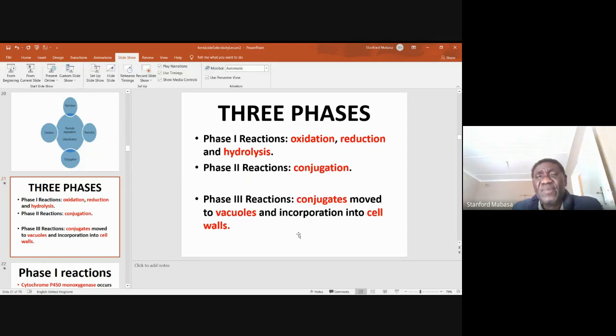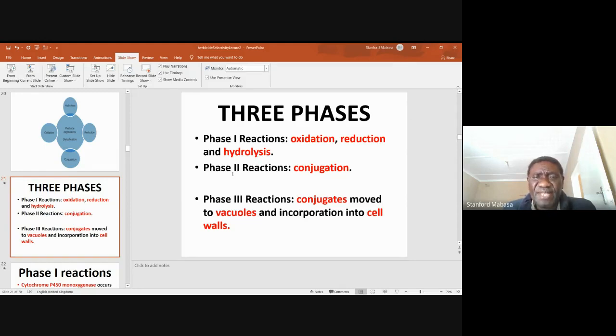So when the herbicide enters the plant system, it is subjected to 3 phases, depending on the molecular structure. In phase 1 reactions, there's going to be oxidation, reduction, and hydrolysis.